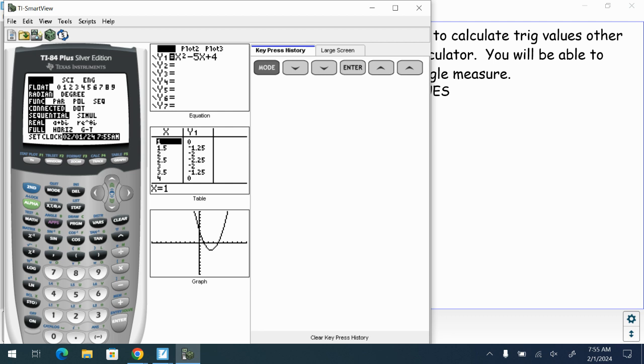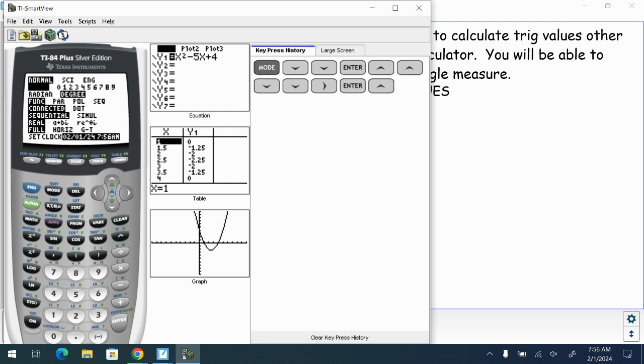If radian is highlighted, go down to that row, hit your right button, go over to degree and hit enter, and now degree is highlighted. That's changing your mode from radians to degrees or degrees to radians. We'll eventually deal with radians, but for right now, we'll just deal with degrees.